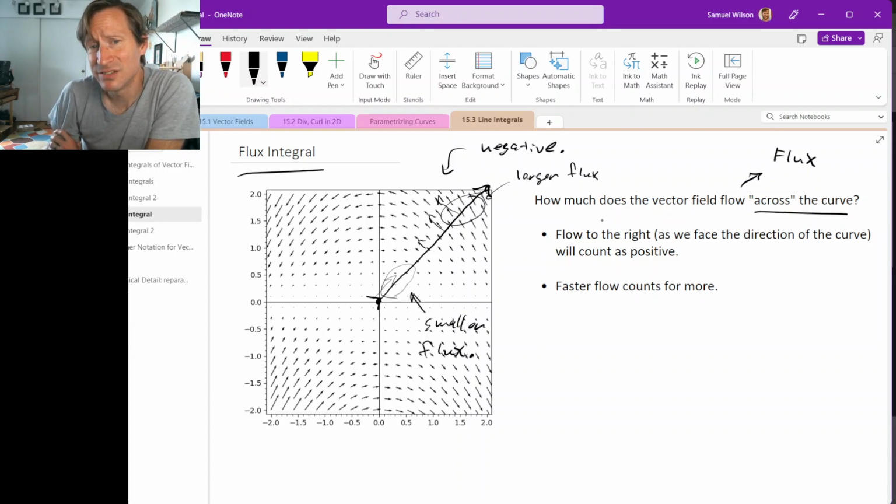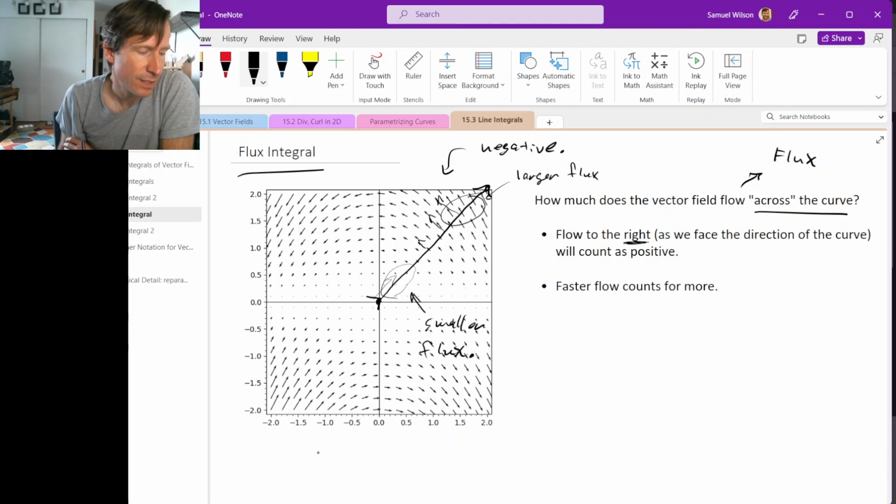There actually is a good reason why flow to the right should count as positive, and we'll get back to this later in the quarter. In many situations, the curve that you want to measure the flux across is a closed curve that forms a closed loop.